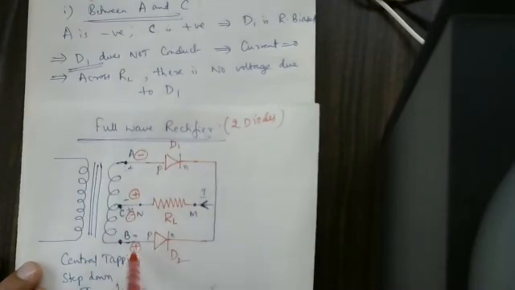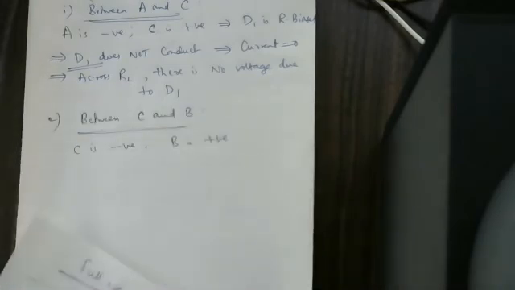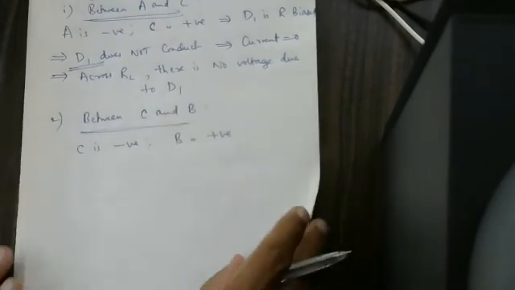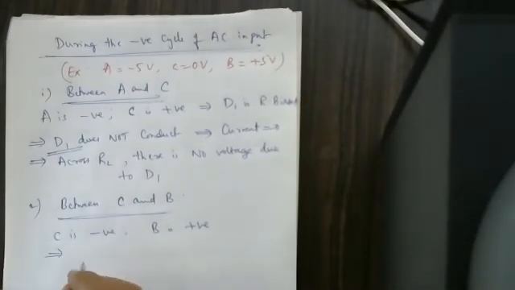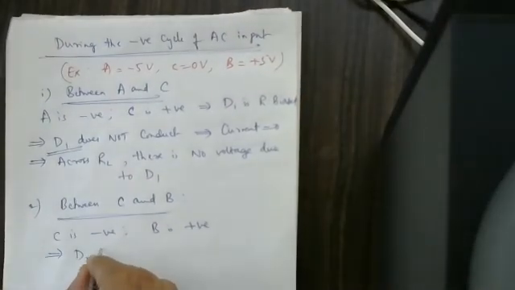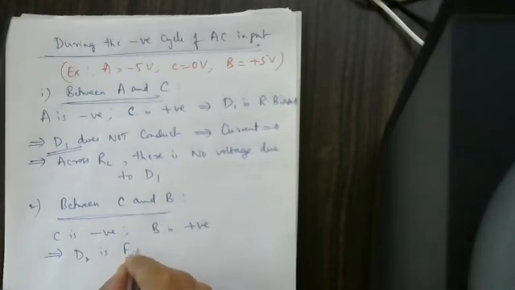Now, P connected to positive, N connected to negative. Therefore, this D2 is said to be under forward bias. Therefore, D2 is forward biased.